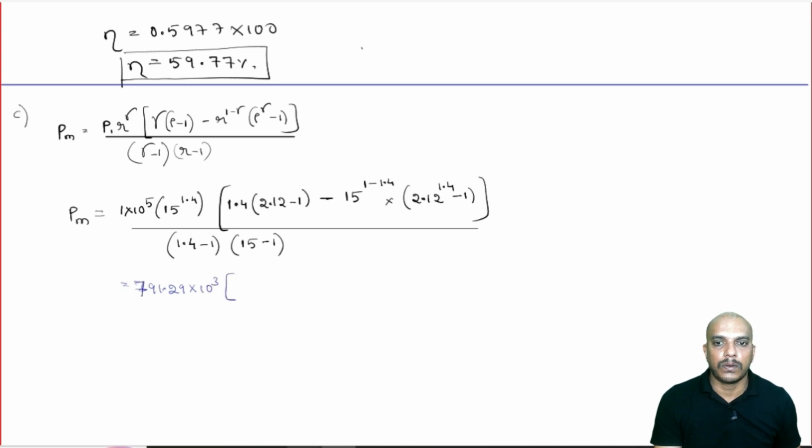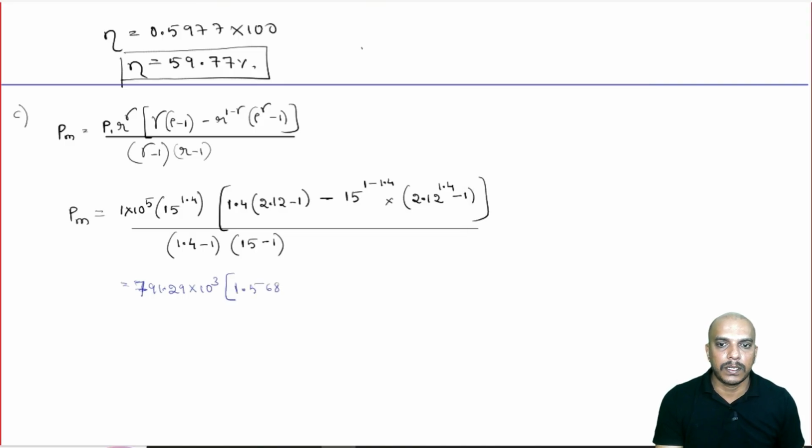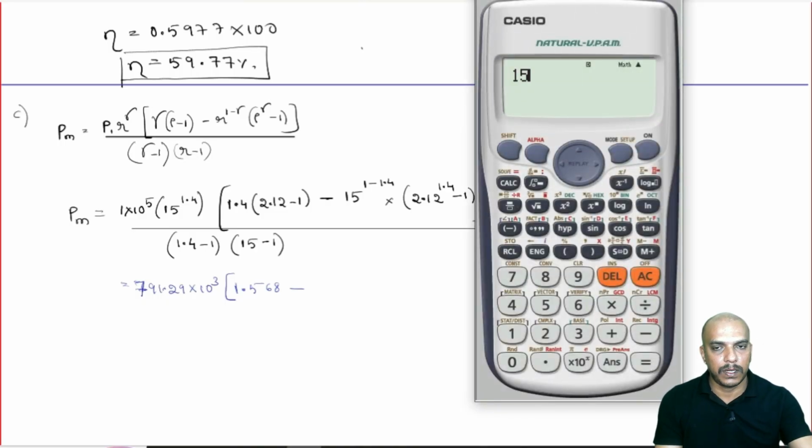Now, let us go to what is inside the bracket. Here also I will do the first term separately. So, 1.4 into 2.12 minus 1, which will be 1.12, so the first term is 1.568. Minus the second term, 15 power 1 minus 1.4 into 2.12 power 1.4 minus 1, so that will be 0.6307.